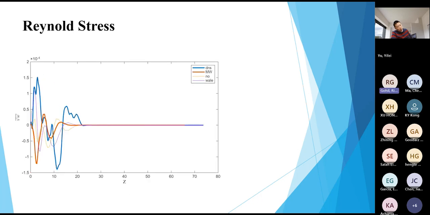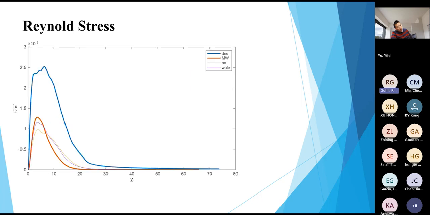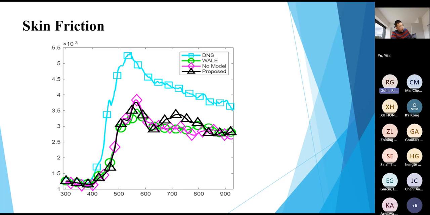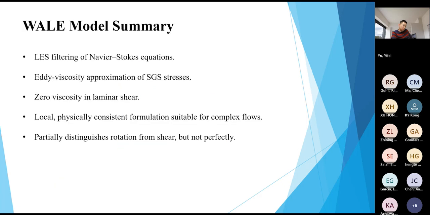And this is for v'w'. As we can see, this is for DNS and this is for modified WALE. This is for w'w'. And this is the skin friction, where this is the DNS and the black one represents the proposed method, which is the modified WALE method.